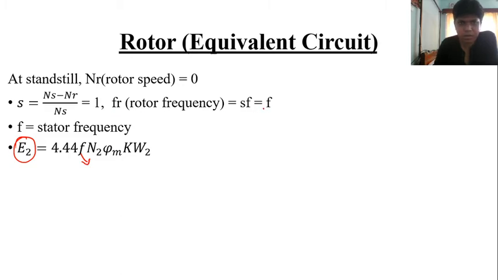In the standstill condition, the value of the rotor frequency is the value of the stator frequency. That's why F is here in the expression of the rotor induced EMF. N2 is the number of turns of the rotor winding, phi m is the maximum flux, and kW2 is the winding factor, right?